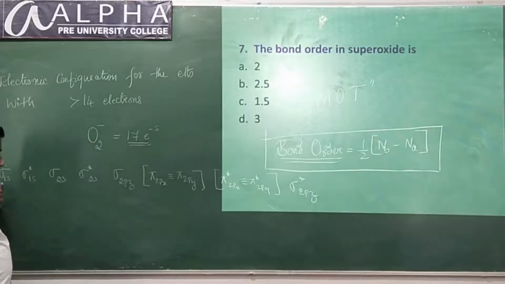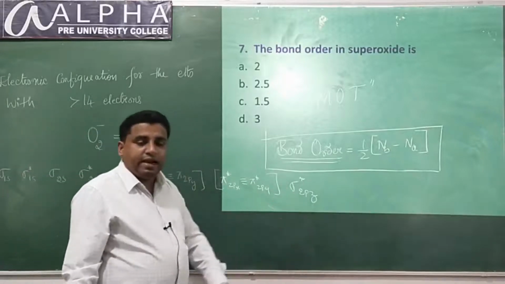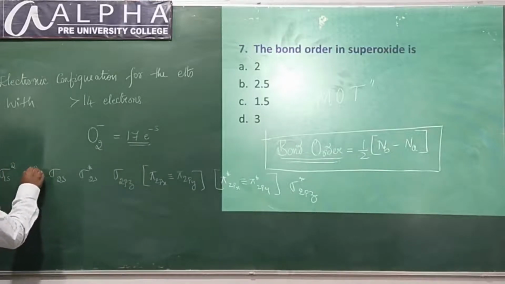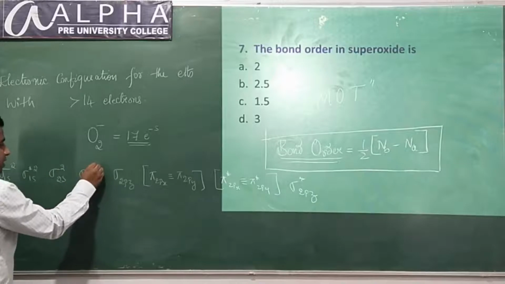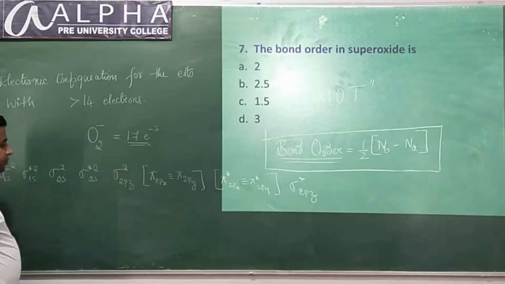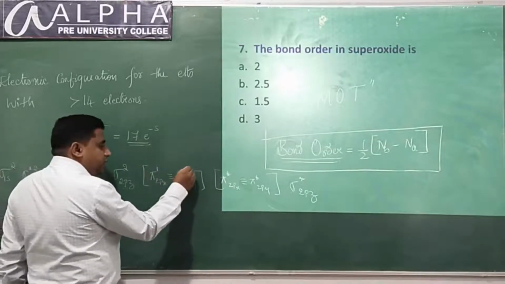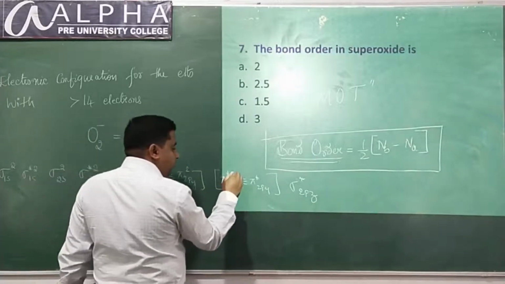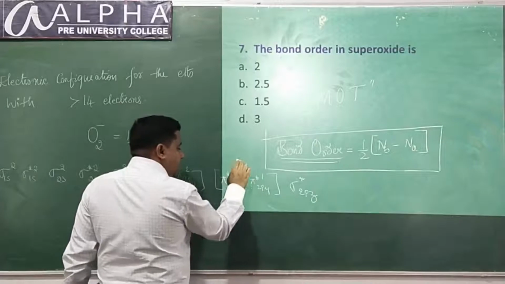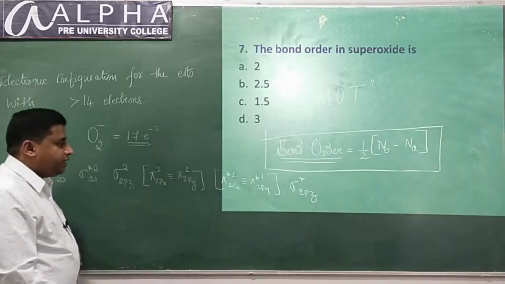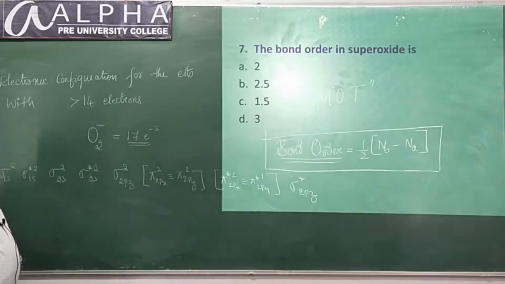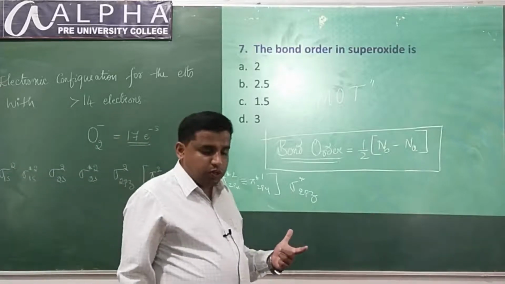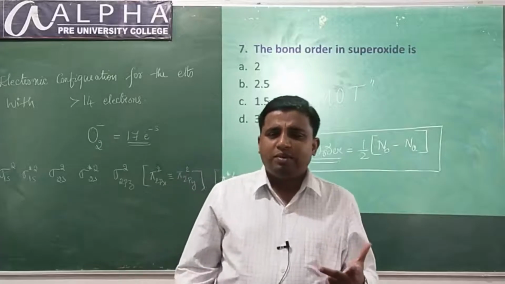So now let us fill the 17 electrons in this electronic configuration. 2, 4, 6, 8, 10, 11, 12, 13, 14, 15, 16 and 17. This is how you have to fill. You have to follow Aufbau principle, Pauli's exclusion principle, and also Hund's rule of maximum multiplicity.